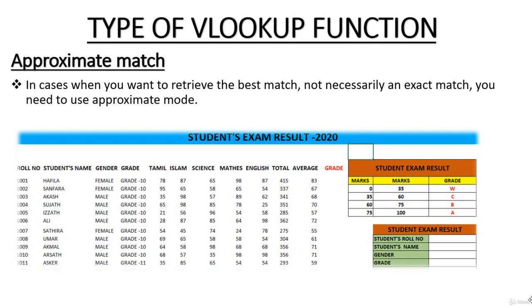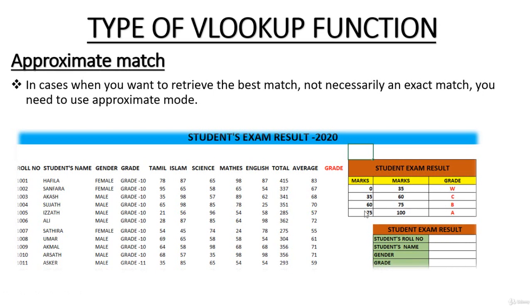So if the student gets an average of 83, we will put that in the approximate match in this table. The average is 83. 83 comes between 75 to 100, so it will retrieve A as the grade. If the student gets an average of 67, it falls in 60 to 75 marks, so the grade should become B. The B should appear here.